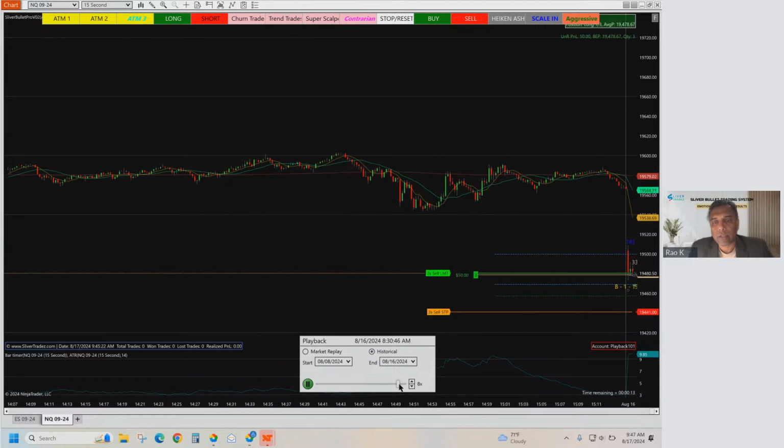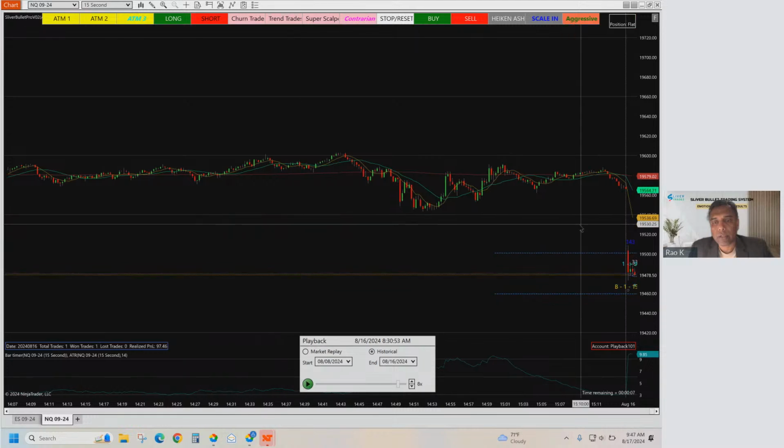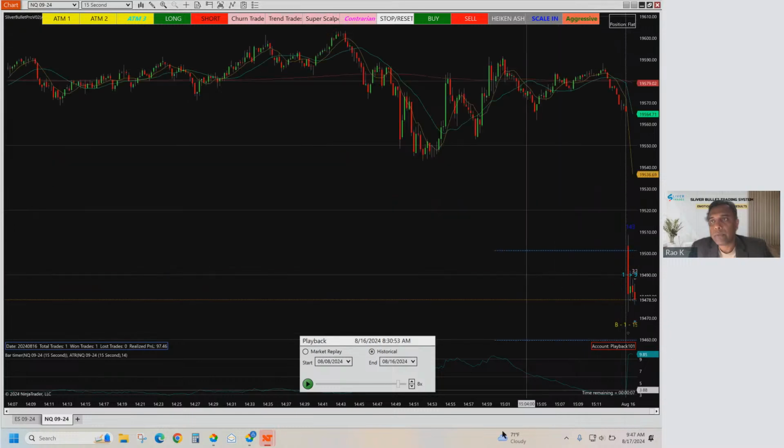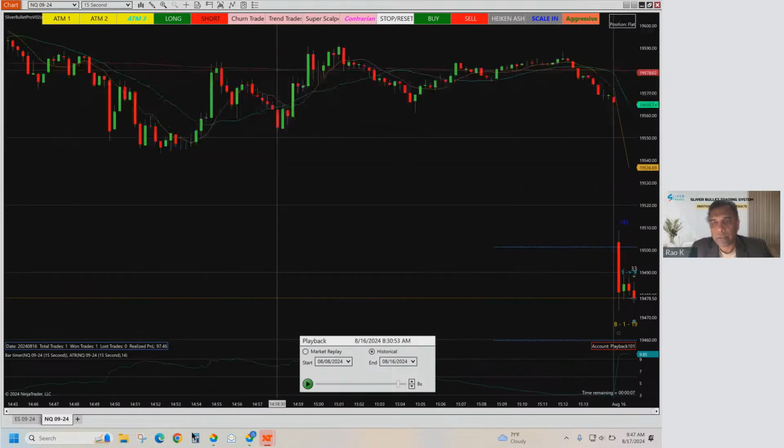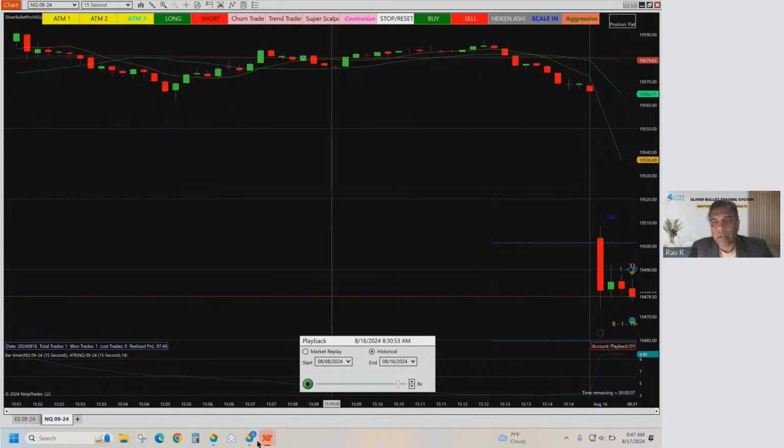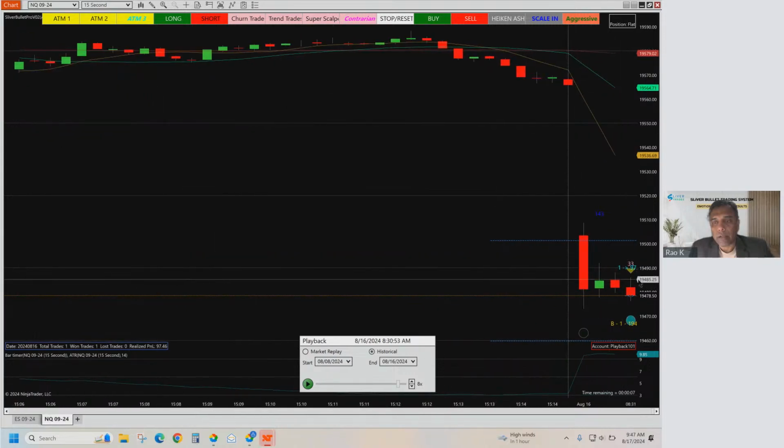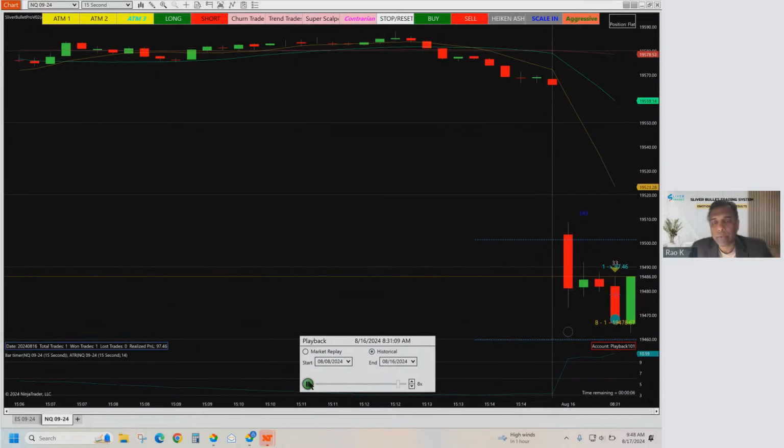So I'm going to increase the speed, and just now we saw there was one trade. I should have slowed it down, and that was a profitable trade, so of $97. So if I get the next trade, I will pause it and show you what's happening.